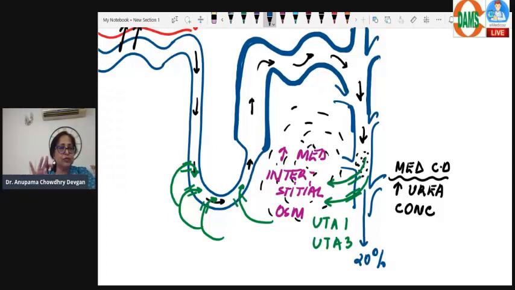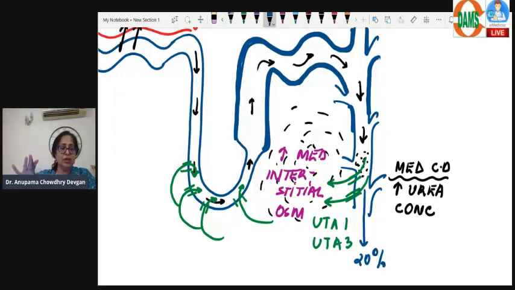When the concentration of urea increases in the interstitium, it goes back into the tubule through the urea transporters on the descending thin segment. Now by the time more urea comes from the PCT, it goes in the thick ascending limb, DCT, cortical collecting duct, reaches medullary collecting duct. Some urea comes into the interstitium, some is excreted out.